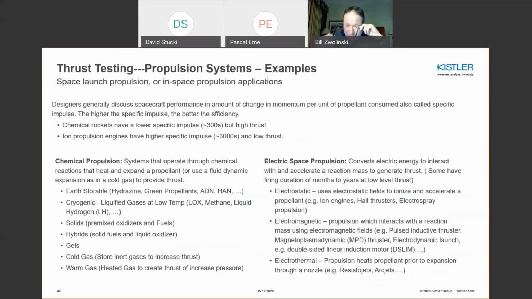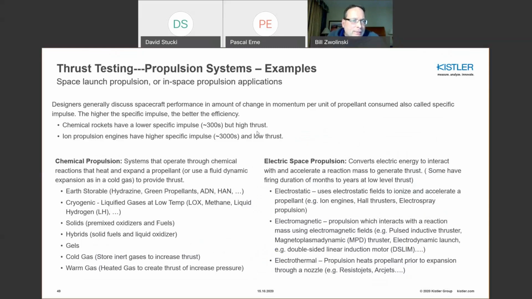I'll touch upon thrust testing briefly. We have about 10 minutes remaining. There's been quite a bit of advancement recently in electric space propulsion, and certainly chemical propulsion is an area that has been present for many years and is quite used nowadays as well.